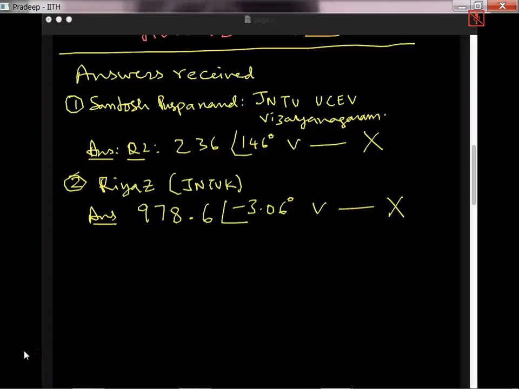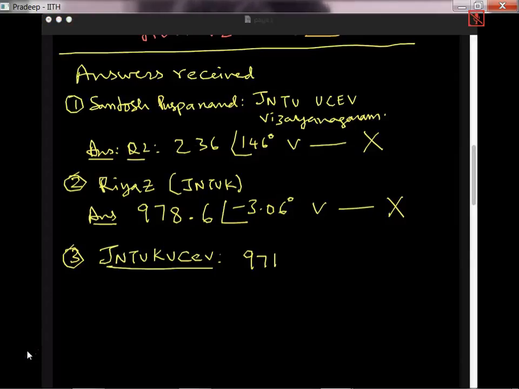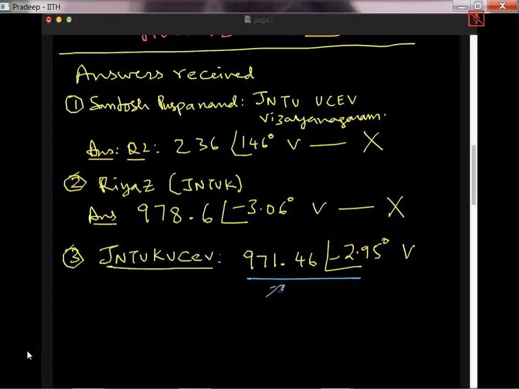In the morning I received another: 971.46 at an angle of minus 2.95 degrees. Almost correct. So finally somebody got the correct answer. Now, the one who has given this answer, can you explain what is the procedure, how you solved it?